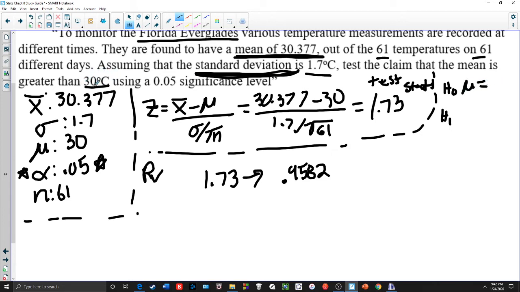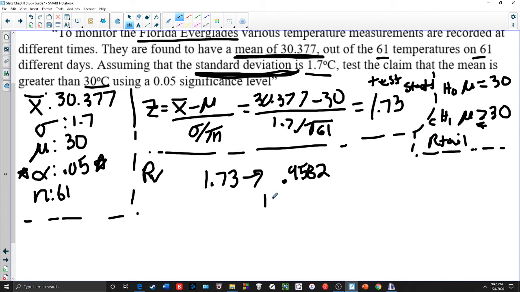The claim is that the mean is greater than 30. So I'm going to assume it's equal to 30 and then hypothesize that it's greater than 30. This is my claim, my little c there for claim. And because it's greater than, that means I have a right tail test. So we'll put R tail, because you're testing a greater than claim.